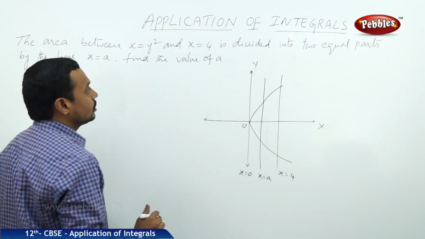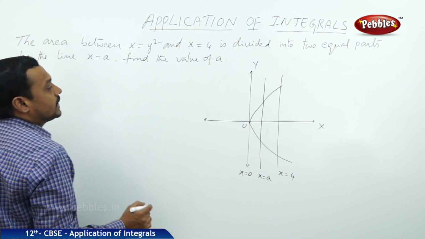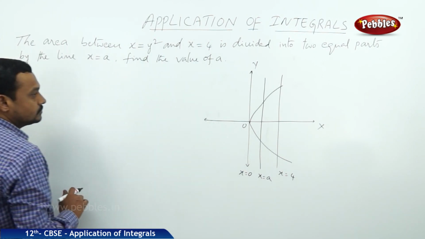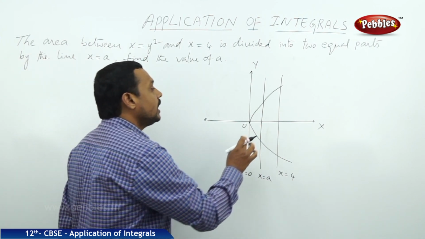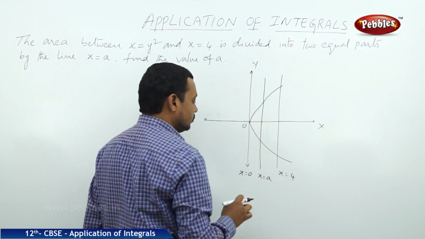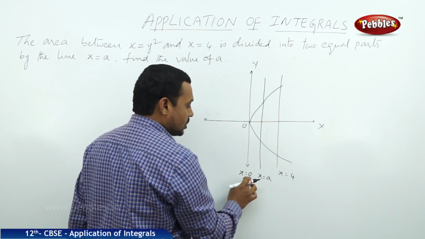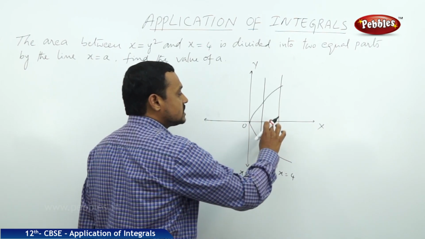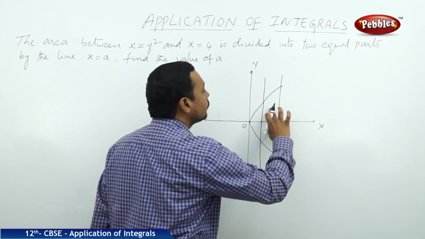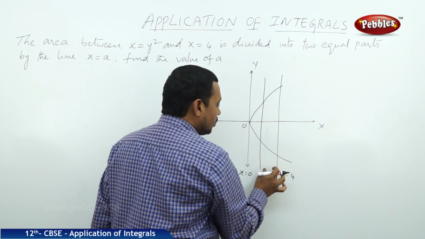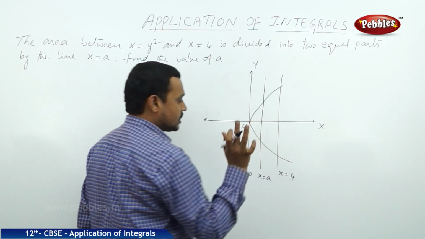Okay, right. Now let us find the two areas and equate them. What are they? The area of the region bounded by the curve between x is equal to 0 and x is equal to a is same as the area of the region bounded by the curve with the lines x is equal to a and x is equal to 4.